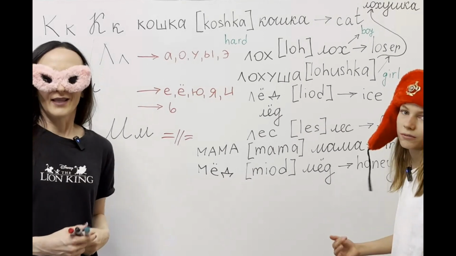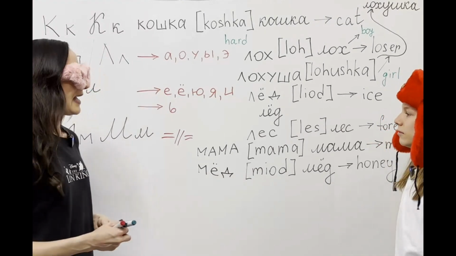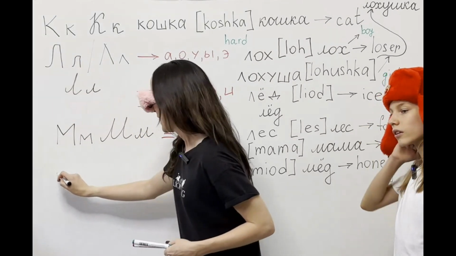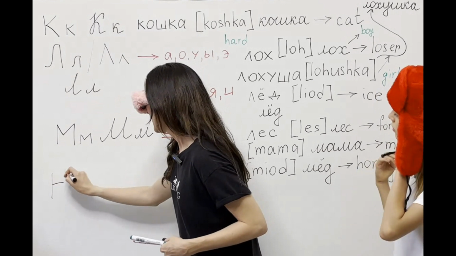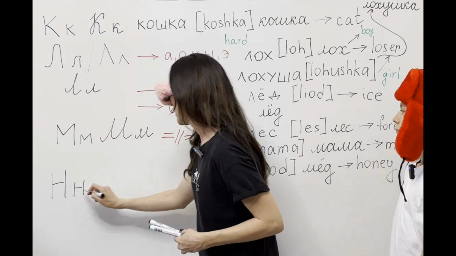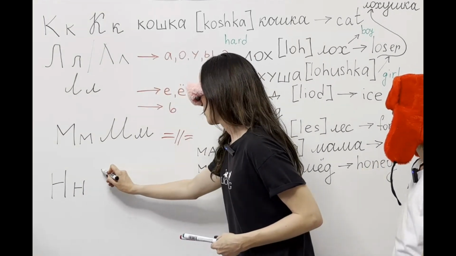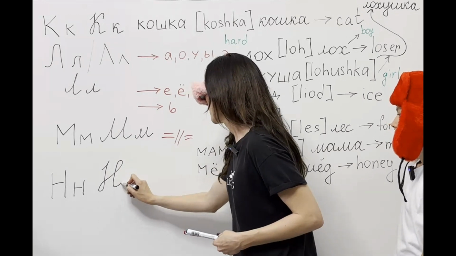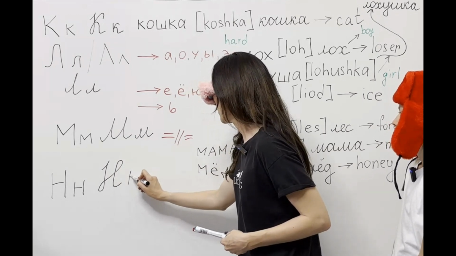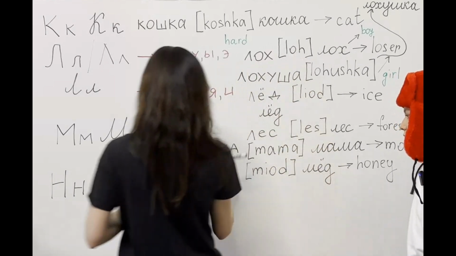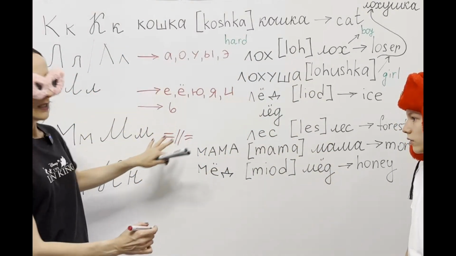And the last letter is N. Again, it can be hard and it can be soft. The cursive looks like this. This is the big letter and this is the small letter. So the rule is the same here.